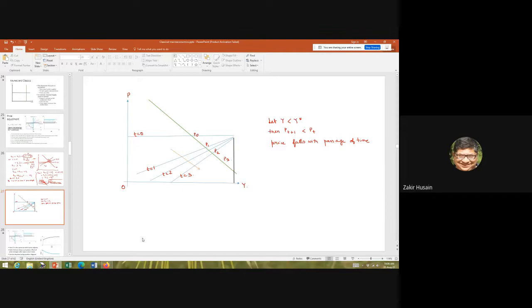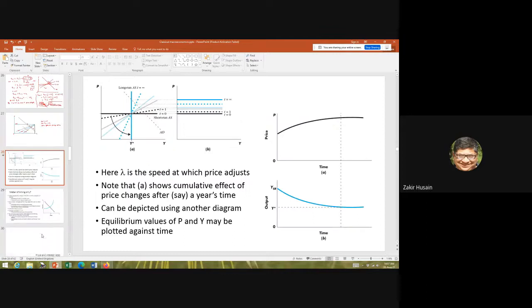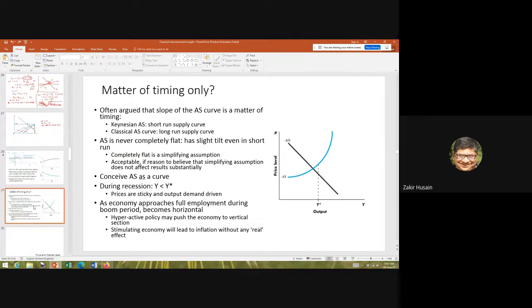If you give a glance to it, you will see that it will appear like a horizontal curve. But in reality, if you look carefully, you will see that it has a slope. The value of the slope may be very little, but it still has a slope.